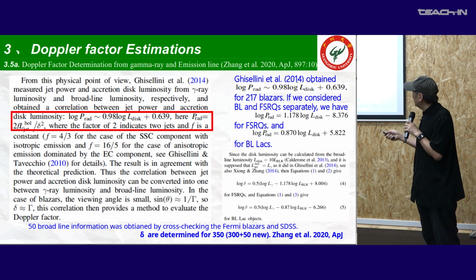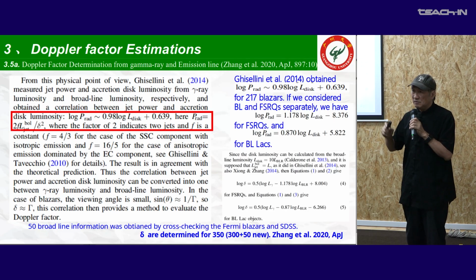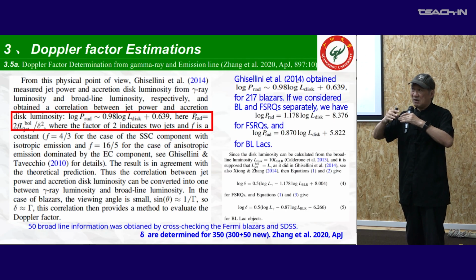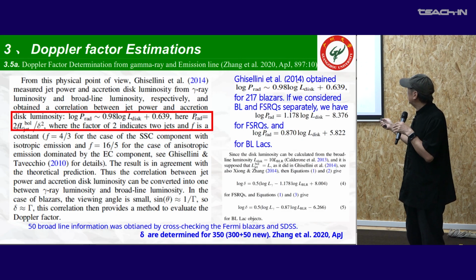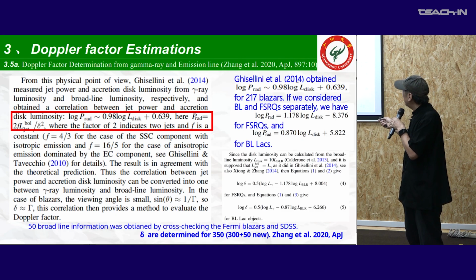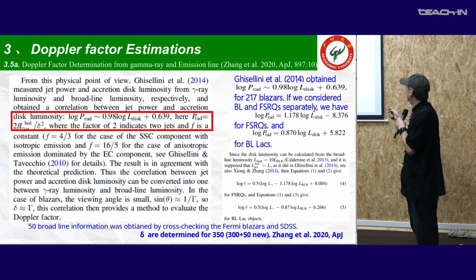They get this result. But when we analyze their sample, we separate BL Lac objects and FSRQs, and we found different correlations. If we put them together, it's the same. But if we separate them, we have different relations for these two parts.